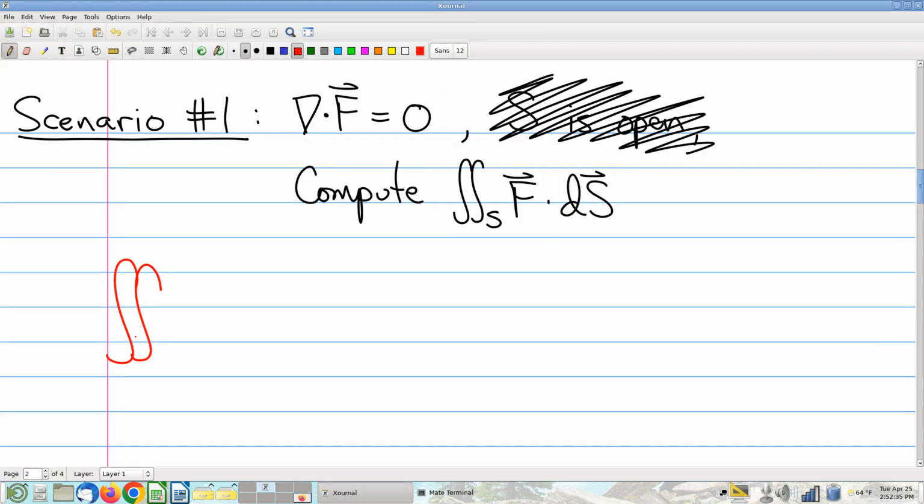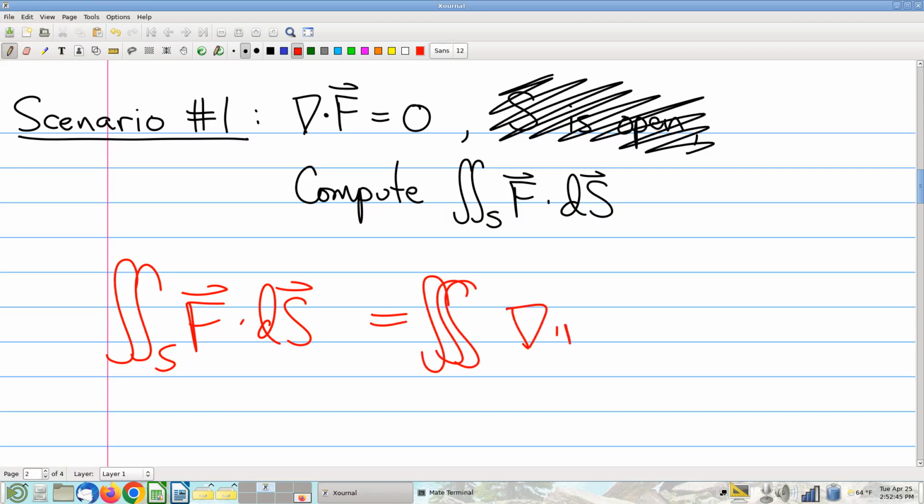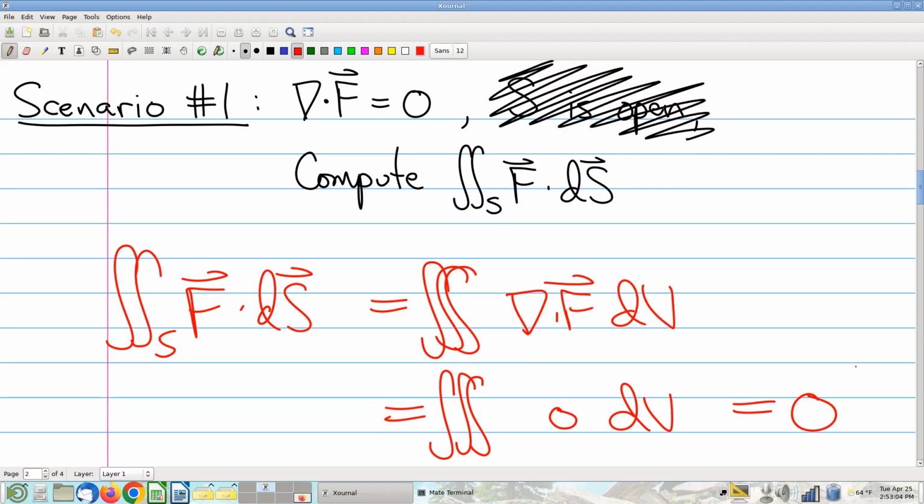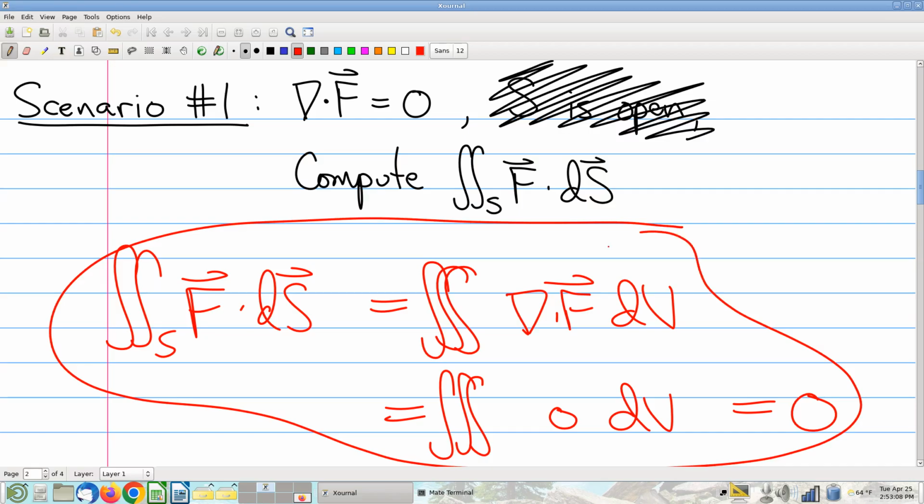And then they will write down flux through S, F dot dS, equals triple integral of divergence, dV, which is, of course, triple integral of 0 at this point, which is 0, and then stop and think that they've gotten the right answer and walk away. And tragically, what they've written down here is all wrong.